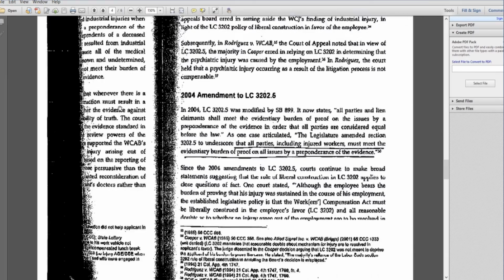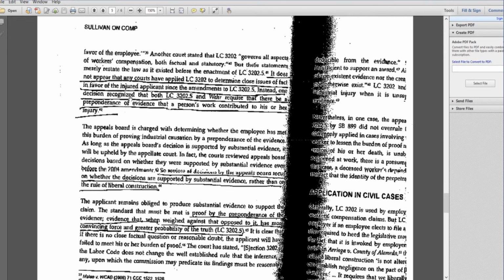Okay, so let's see if we have any additional important points here. It says that it does not appear that any courts have applied Labor Code 3202 to determine close issues of fact in favor of the injured applicant. Instead, one decision recognized that both Labor Code 3202 and the Ware case require that there be a preponderance of evidence that a person's work contributed to his or her injury.